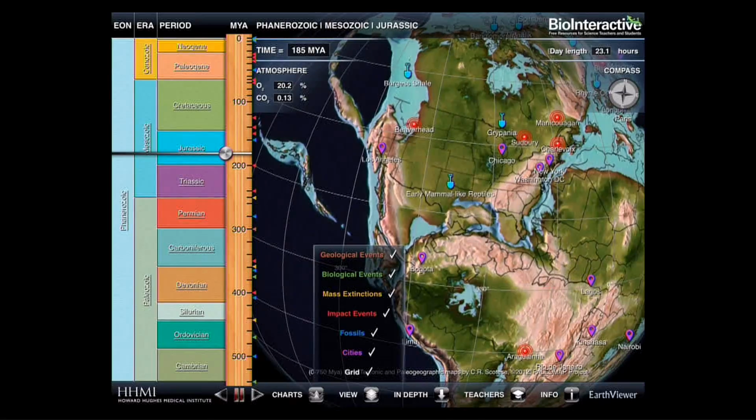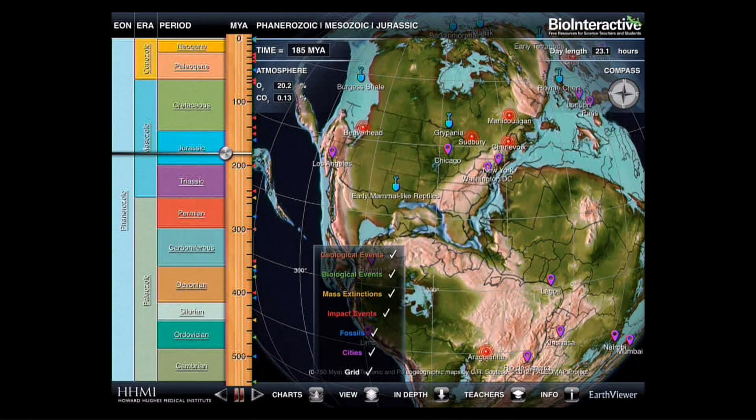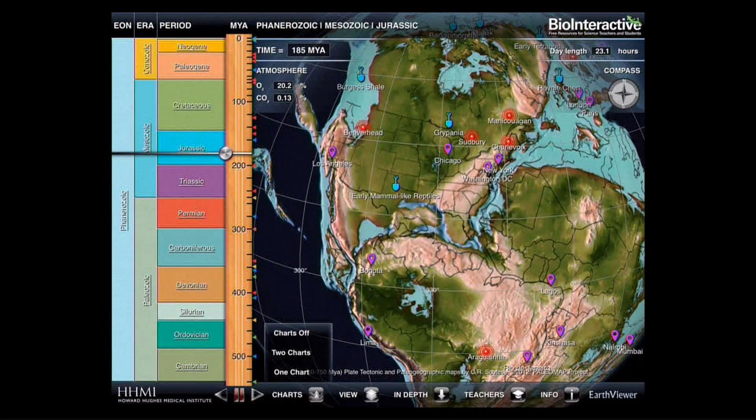This is almost like information overload sometimes with the kids, so obviously you're going to want to have them focus on a certain thing. Another really cool part of the app is the charts.